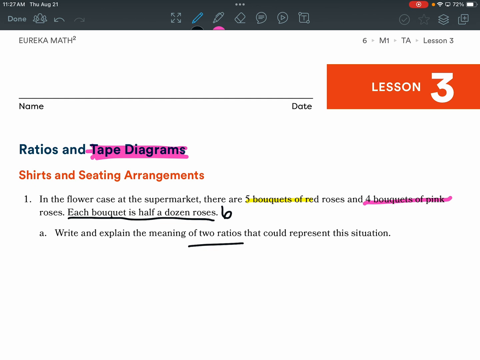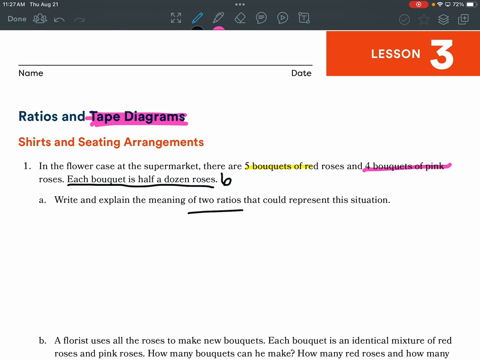So, 2 different ratios. So I'm going to give you one ratio right off the bat. From the top, the ratio of red to pink is 5 to 4, right? Is that the easiest ratio there?